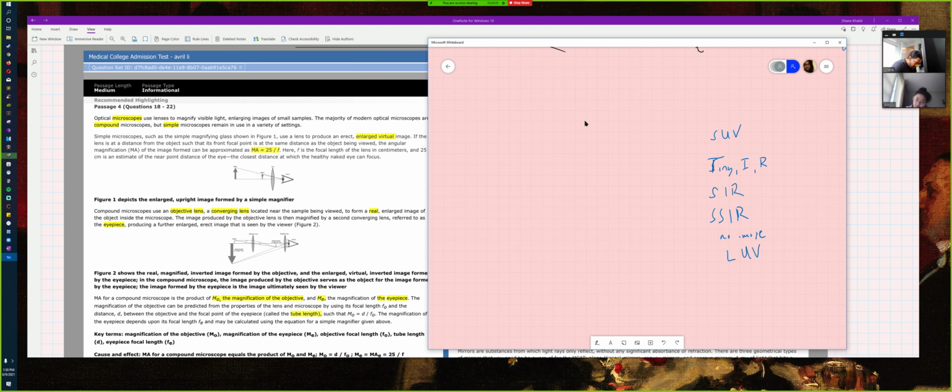SUV is just for diverging stuff, but for converging stuff, it depends on the object's distance.